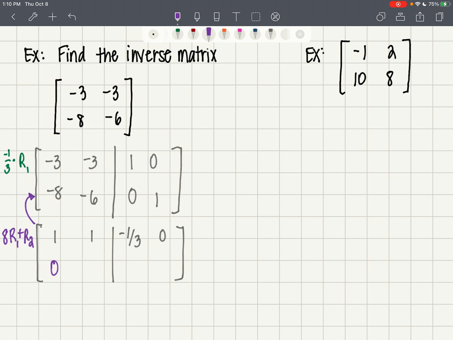So now I'm going to use some color coding. I should have probably done that here. Look. So that green result gave us this green row. And now this purple is going to give me the result in purple. 1 times 8 is 8 plus -6 is 2. 8 times -1/3 is -8/3 plus 0 is -8/3. 8 times 0 is 0 plus 1 is 1.